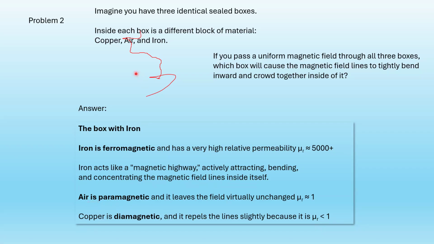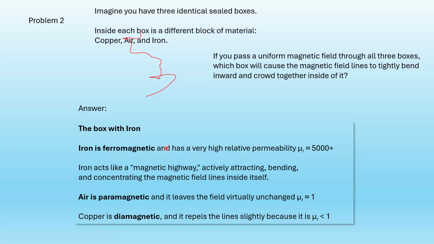Air is paramagnetic. It doesn't care. It has a relative permeability of 1. And the copper is diamagnetic. It actually repels the lines. Its relative permeability is less than 1.